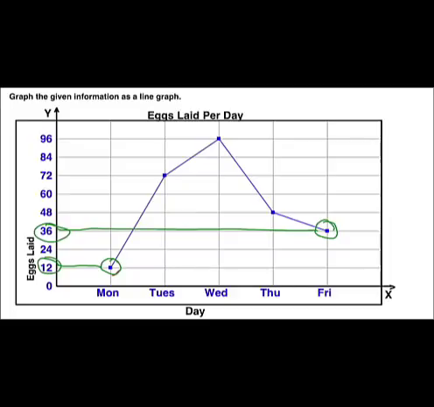The difference helps me think of subtraction. So I'm going to subtract 36 minus 12 with the bigger number on top. 6 minus 2 is 4. 3 minus 1 is 2. The difference between Monday and Friday is 24 eggs.